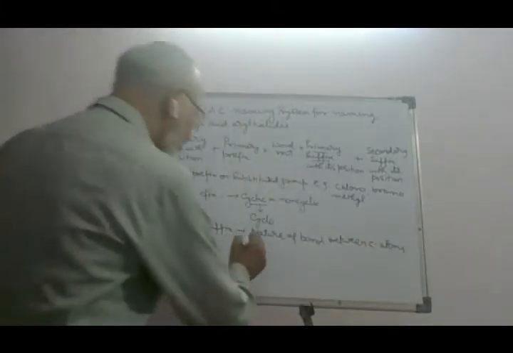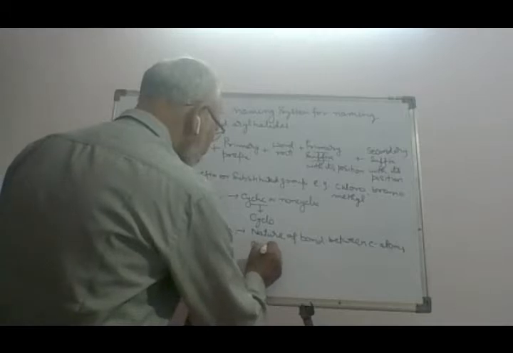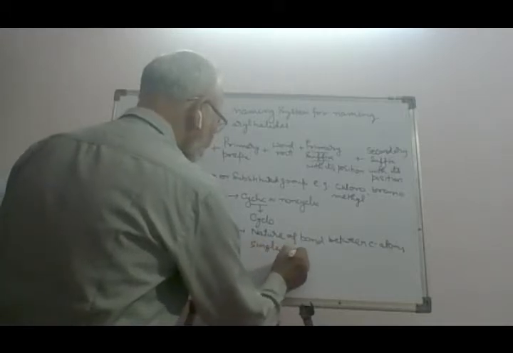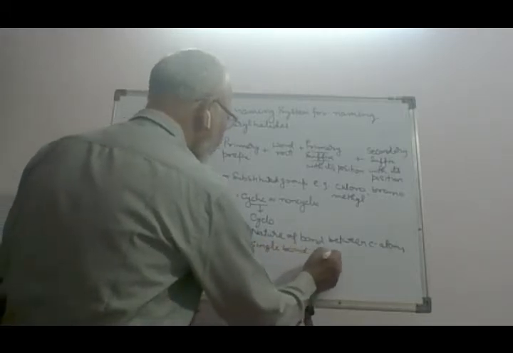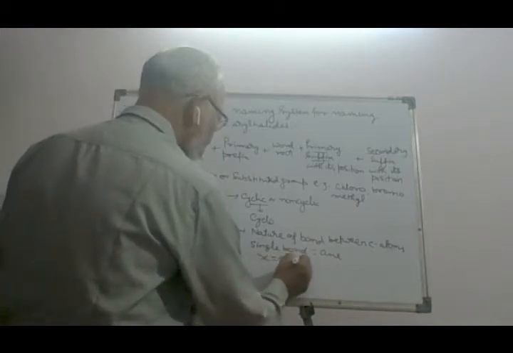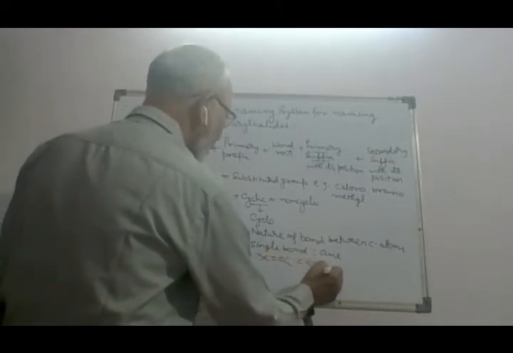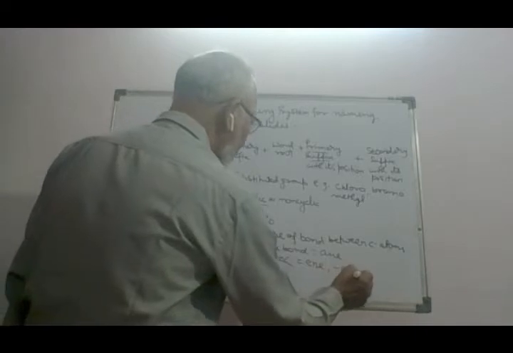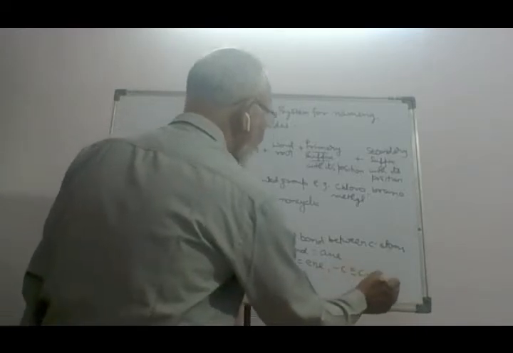If it is a single bond, then it will be ane. For a carbon-carbon double bond, it will be ene, and for a carbon-carbon triple bond, it will be yne.